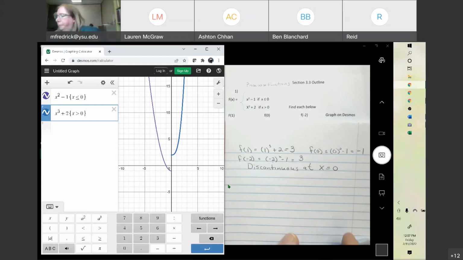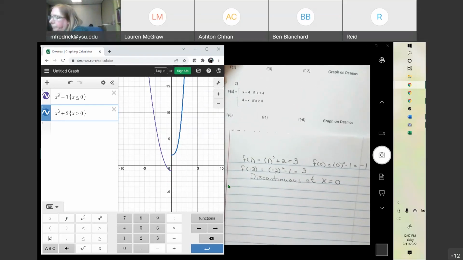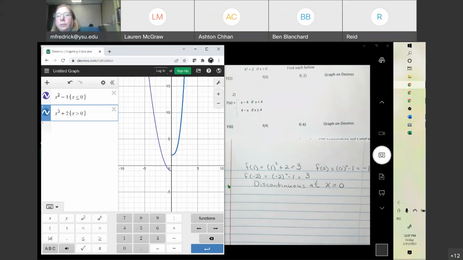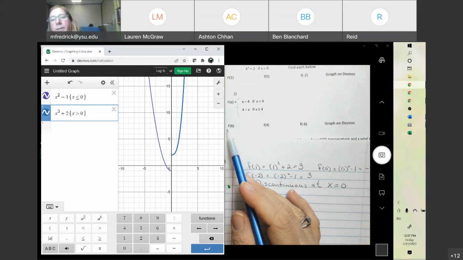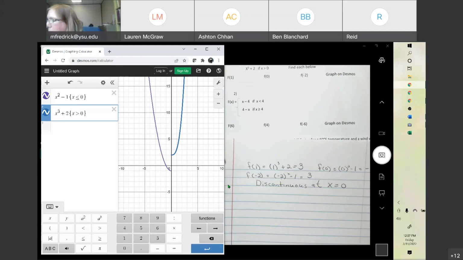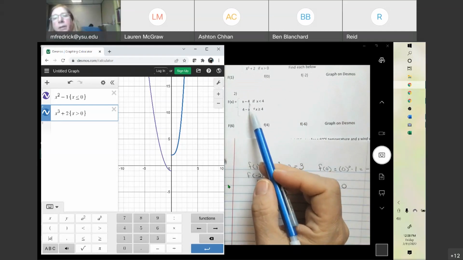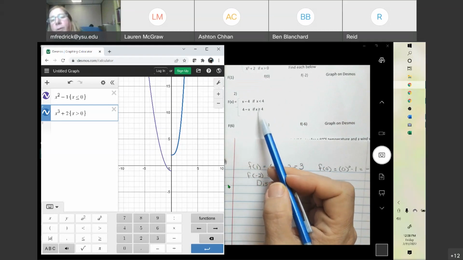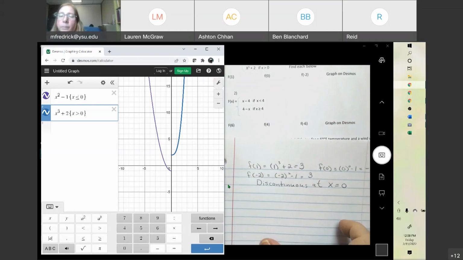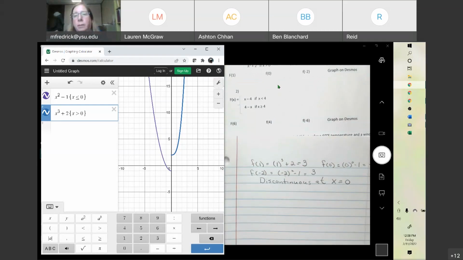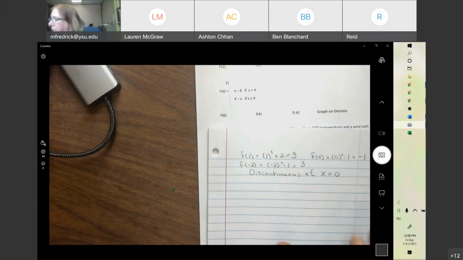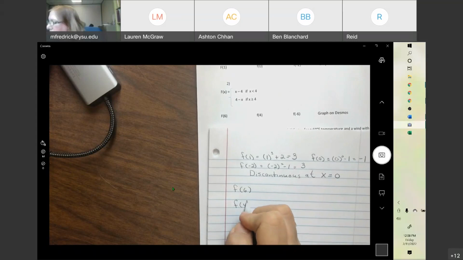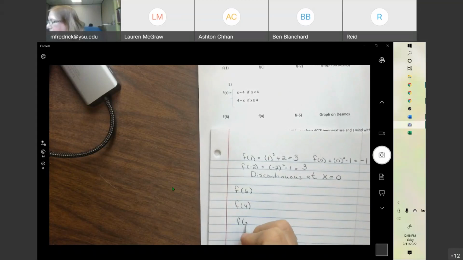Okay, let's try another one. So we've tried this one. First, we want to find f of 6, 4, and negative 6. This one is x minus 4 if x is less than 4, 4 minus x if x is greater than or equal to 4. Let me move that out of the way for right now. So find f of 6, f of 4, and f of negative 6.